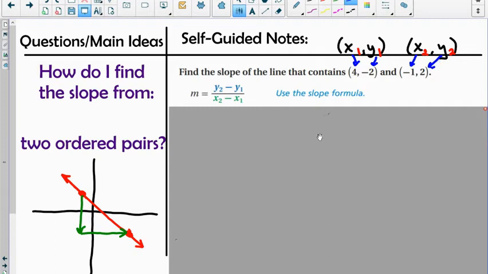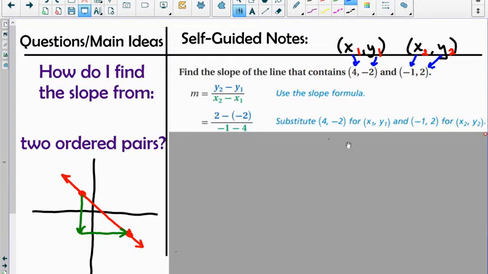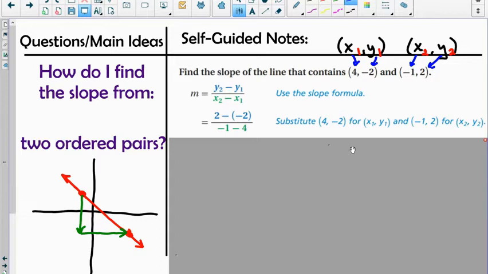And once you've identified that, now it's just a matching game. It's just an equal substitution. So in the place of y sub 2, we're going to place the number 2, because y sub 2 was 2. When we do all the substitutions, we make sure that we are taking the y coordinates and putting those in the numerator.